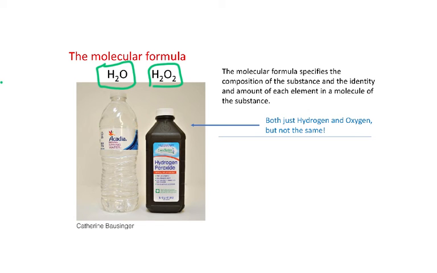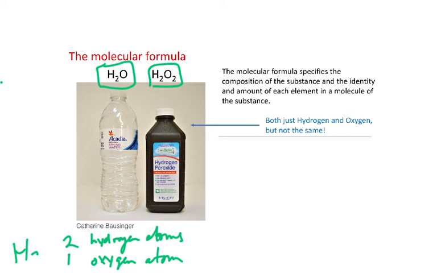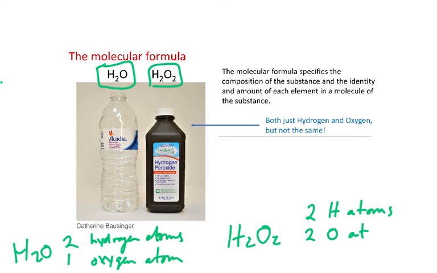So the H2O means there's 2 hydrogen atoms and 1 oxygen atom. H2O2 has 2 H atoms, but it has 2 oxygen atoms. Okay, and so it's going to be a very different molecule.